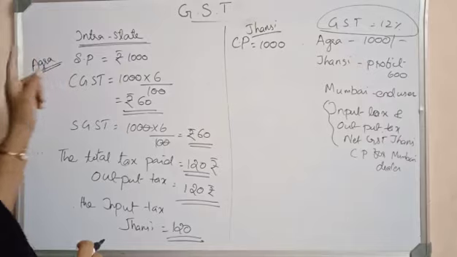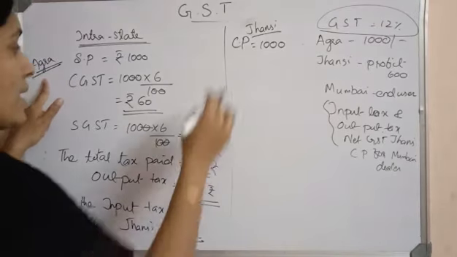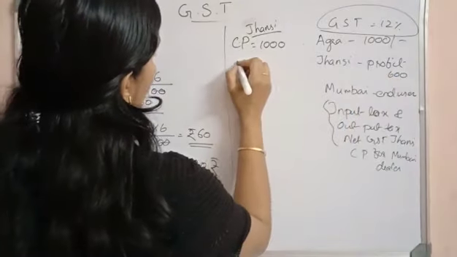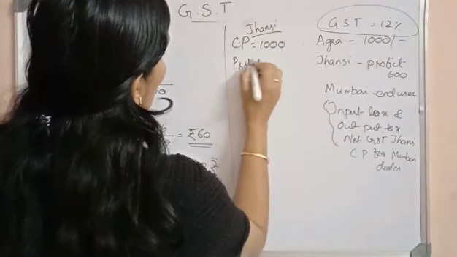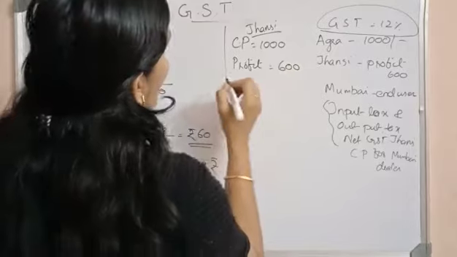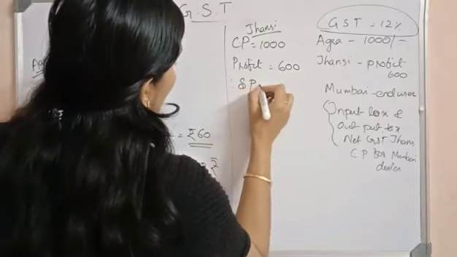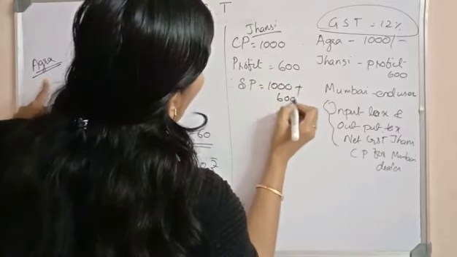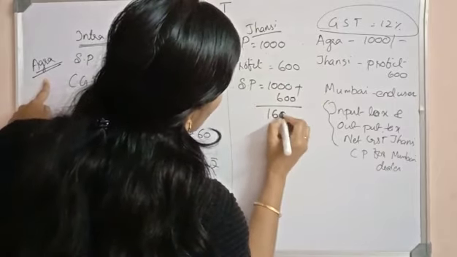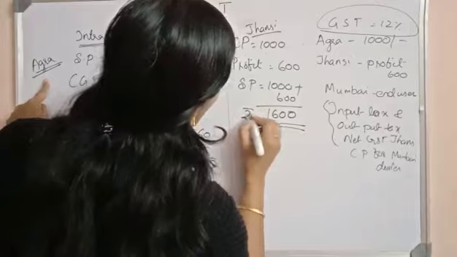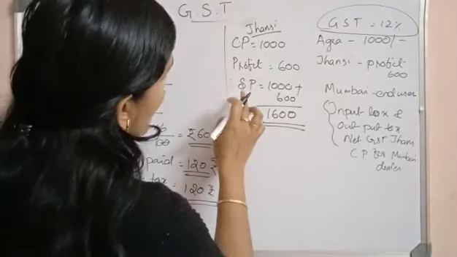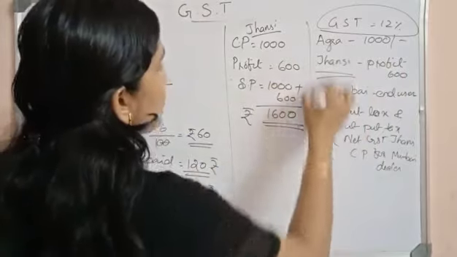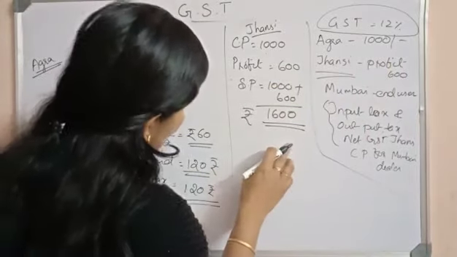That was the sale price for the dealer in Agra. Here the cost price is 1000 rupees and the profit is made as 600. Profit is equal to rupees 600. Therefore, the selling price is 1000 plus 600, and that is same as 1600. Selling price for the dealer in Jhansi is 1600.